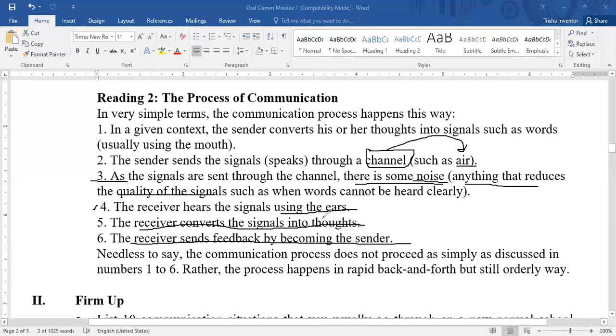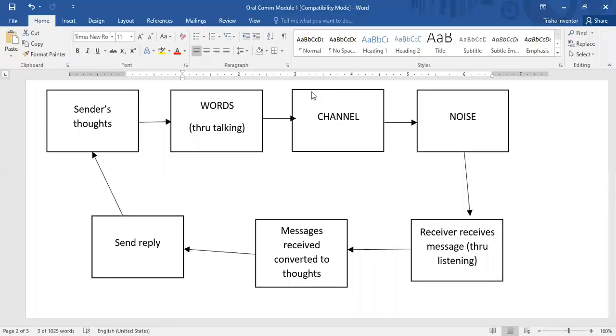Okay. So, for further explanation about it, I have here a diagram. I just made this diagram for you to understand things properly about the process of communication. So, di ba, the first one there is your thoughts.